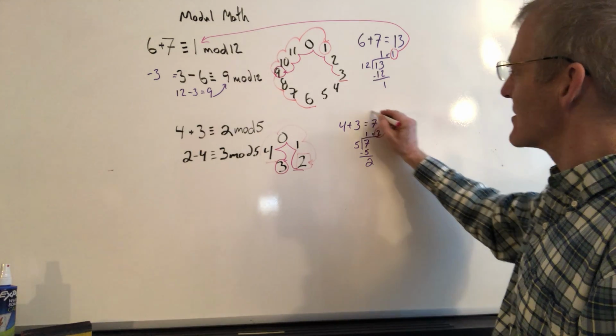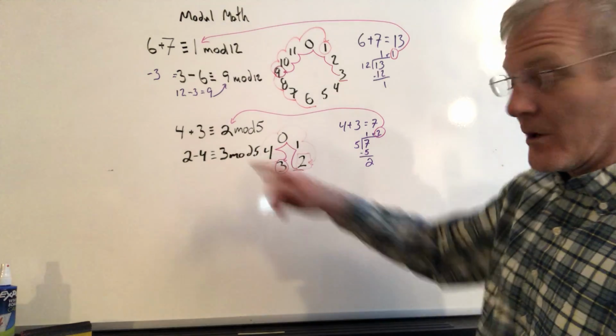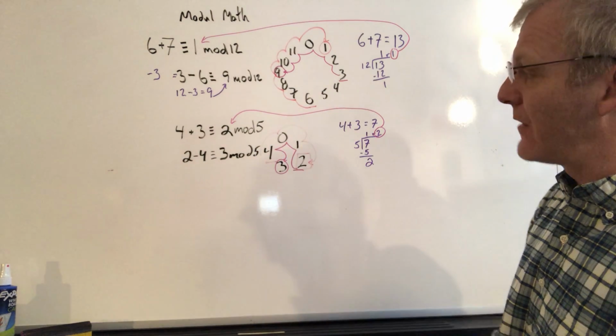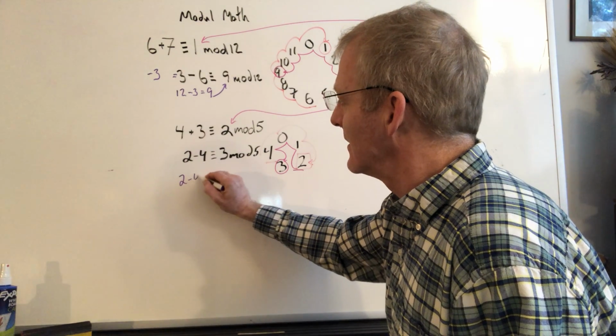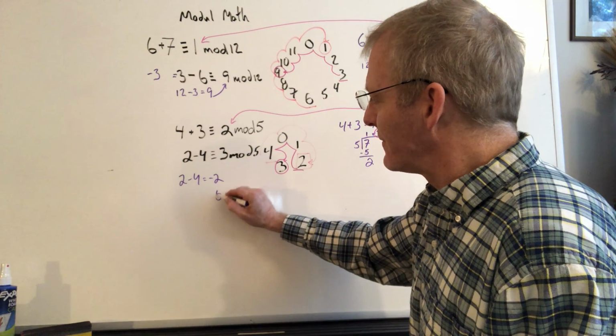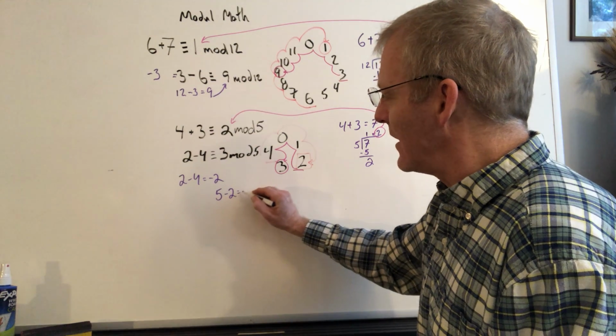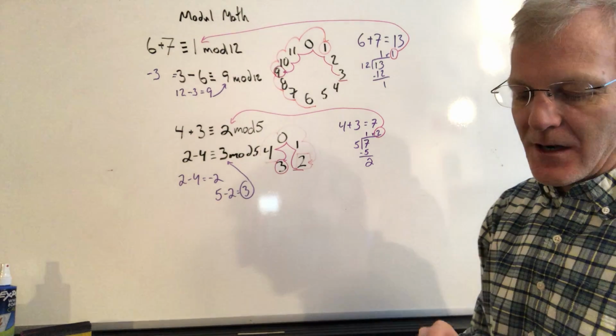That's the same answer we had right there. What about with the negative? Same idea as up above there. 2 minus 4 is actually negative 2. Take the mod, 5 minus 2, and there's the 3 answer that we got right there.